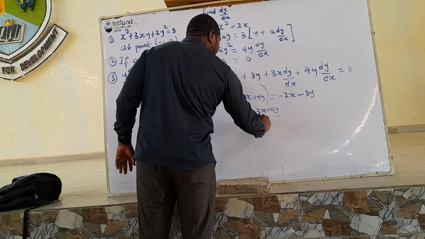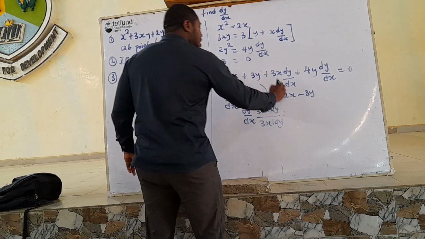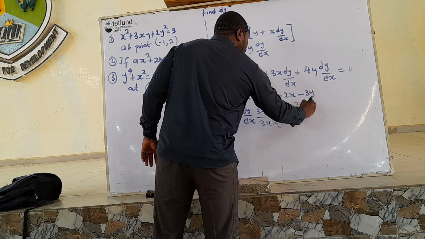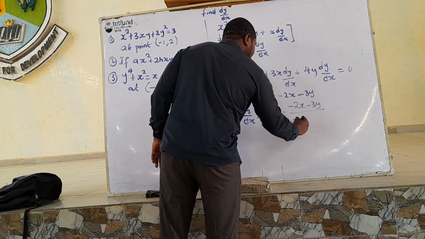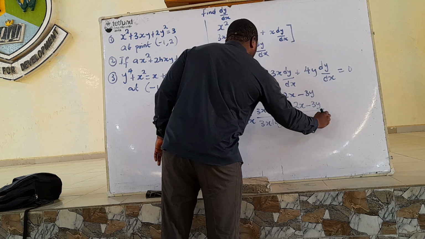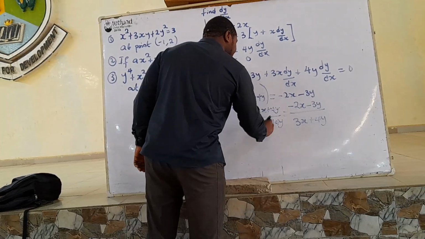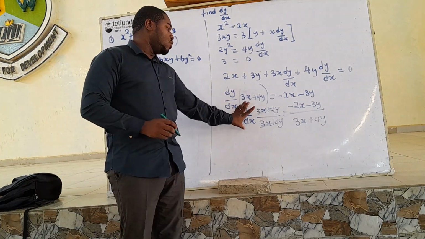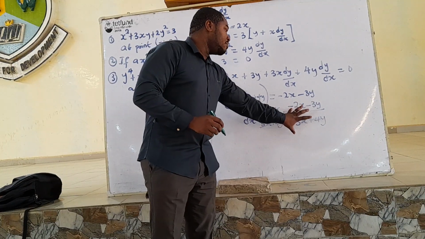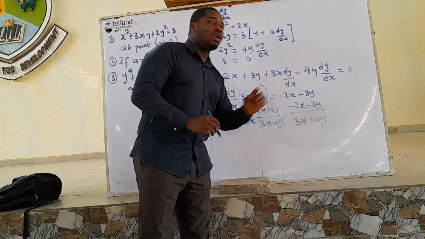I will divide it by the same 3x plus 4y, so that this other side of the equation, 2x minus 3y, I can actually divide it with 3x plus 4y. Is that not so? Good. So this side and this side can cancel out. And I am left with dy dx equal to minus 2x minus 3y upon 3x plus 4y.